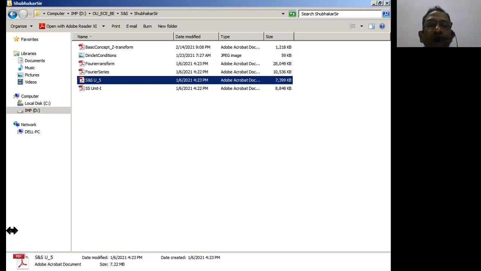We know r of n is equal to n for all n greater than or equal to 0, and is equal to 0 for all n less than 0. So let us expand that. When you expand that, we are once again going to get a right-sided sequence. I expand here for n equal to 0, n equal to 1, n equal to 2, 3, 4, 5 like that.